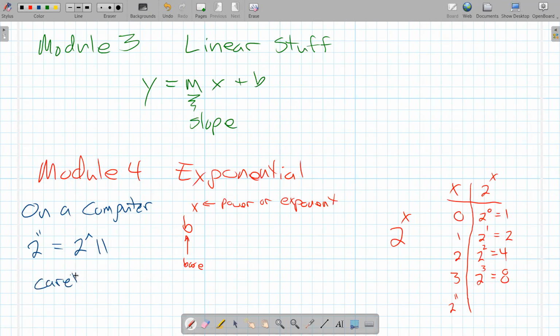So caret, Shift, and 6 on the keyboard. I often do that when I'm typing into a calculator on a computer, and I always do it when I'm in a spreadsheet because it's the main way to get a power.